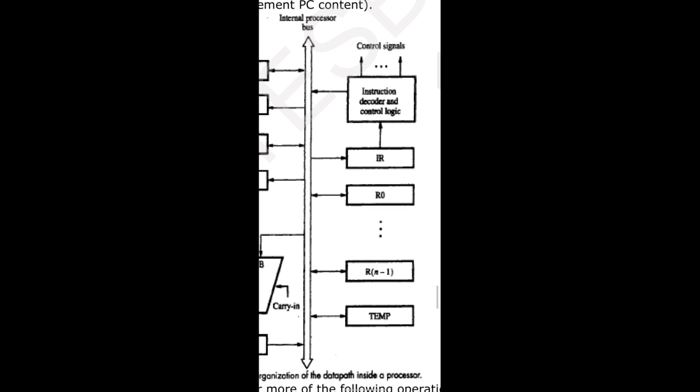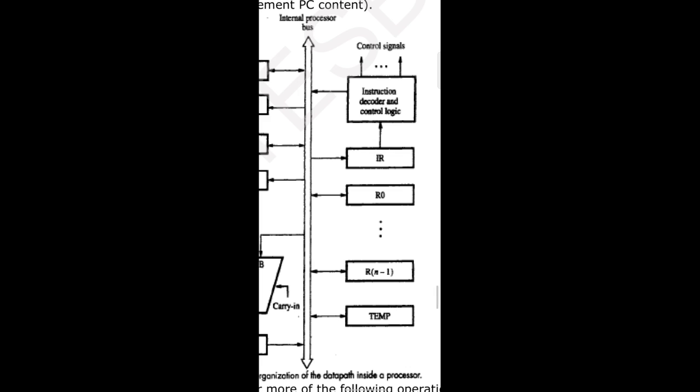IR is the instruction register, where instruction decoding will be done by another unit, the instruction decoder and control logic. IR takes the input from the internal processor bus and gives it to the decoder and control logic, which will perform the necessary action and send the data back to the internal processor bus.